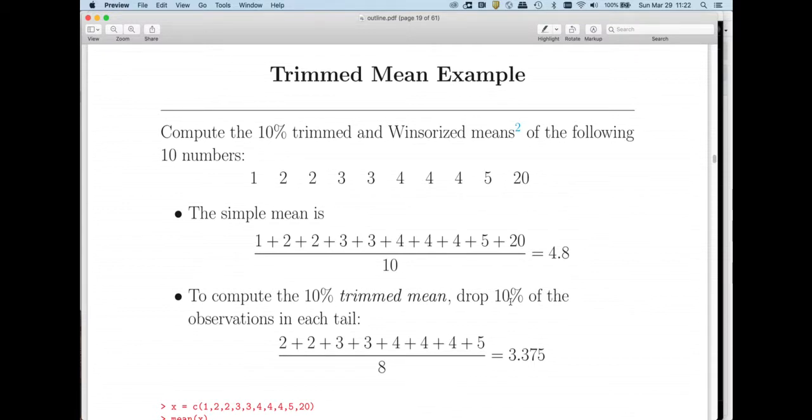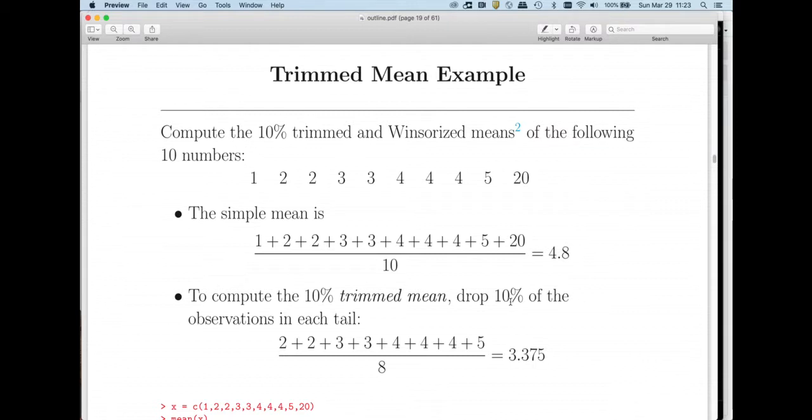Now, another measure of central tendency is called the trimmed mean. The way I like to think of a trimmed mean is it's something like a halfway house between the mean and the median. So, the problem with the mean is that it's not at all robust to outliers.